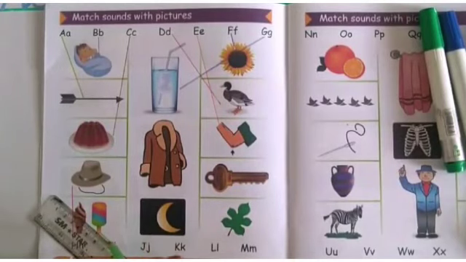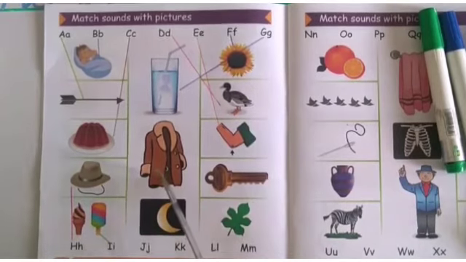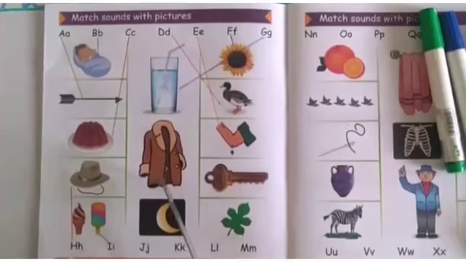Ice cream. So this is done. Okay, now let's move to the next sound. J. J. So yes, your guess is right. J, jacket. J, jacket. So let's match it also.